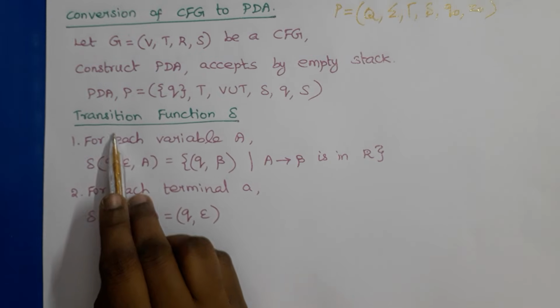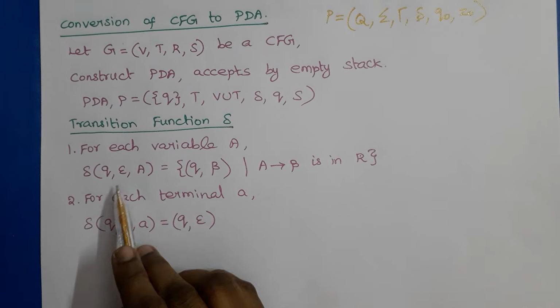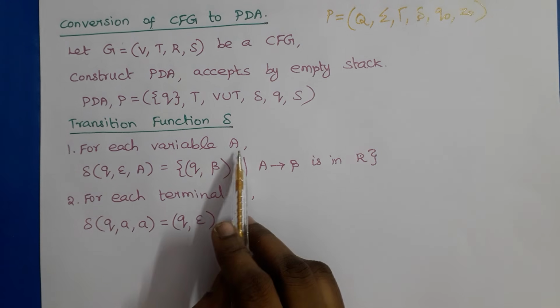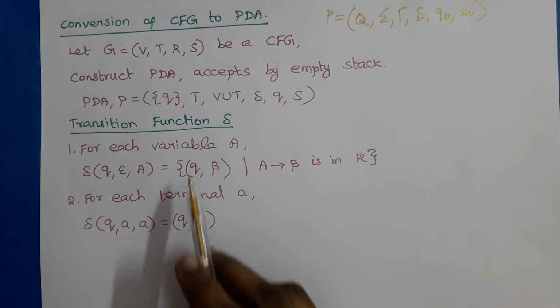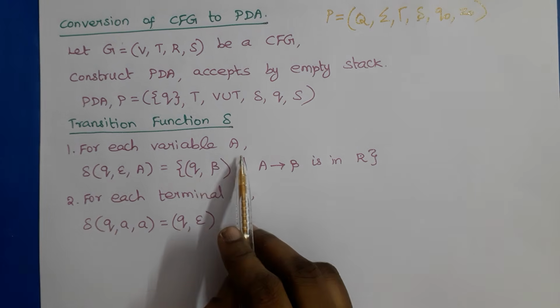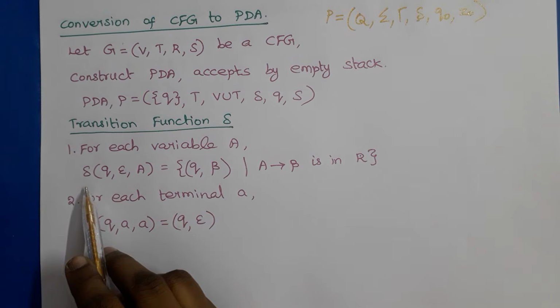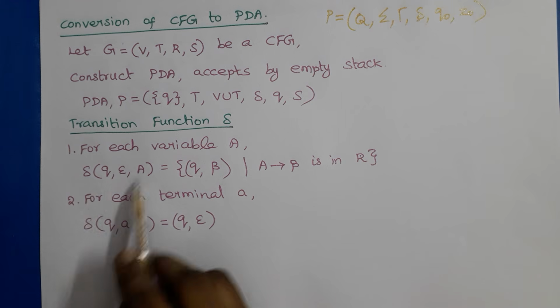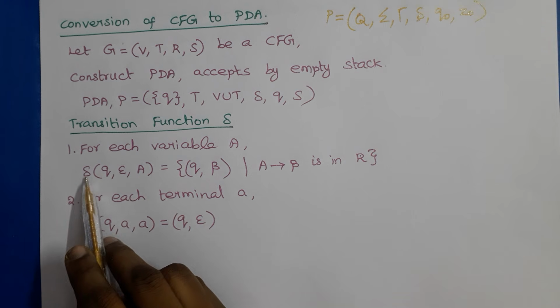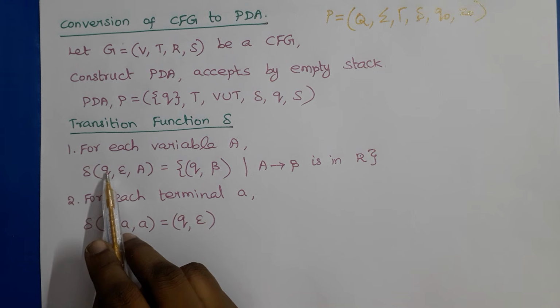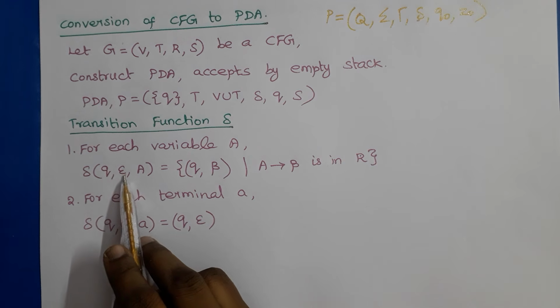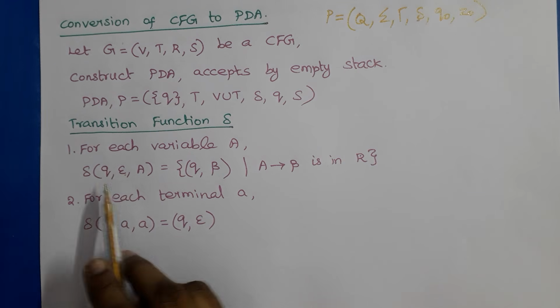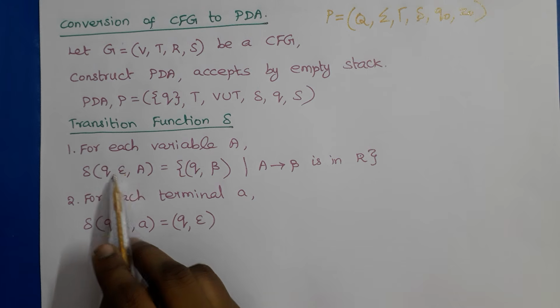Then the transition function delta can be defined by using these two rules. For each variable and for each terminal symbol, we need to follow two different rules. For each variable capital A, we write the transition for the PDA like this: delta of q, because we have only one state. The transition function means state, input symbol, top of the stack. While writing the rule for the non-terminal, we should not consider any input, so epsilon.